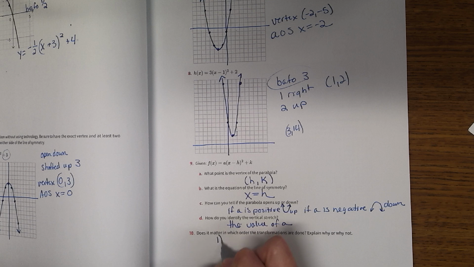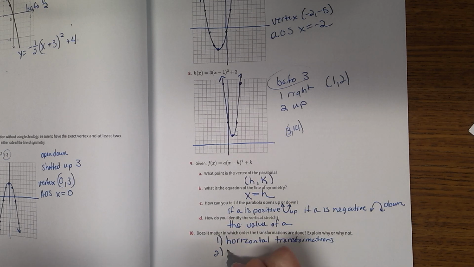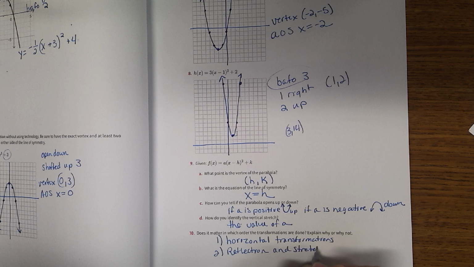So the order that we want to think about it is going to be any horizontal transformations. We want to think about, in number 2, the reflection and the stretching or shrinking, if I can spell here, stretch or shrink, there we go.